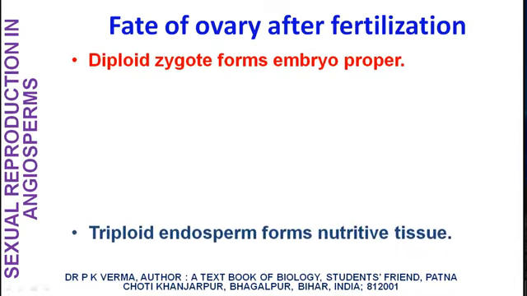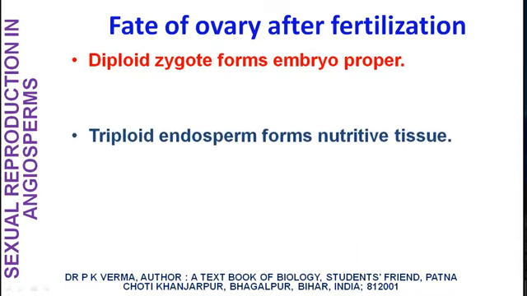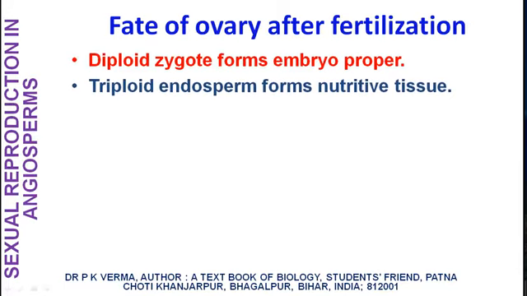After fertilization, the zygote forms the embryo proper with an embryonic axis and one or two cotyledons, on the basis of which the seeds are called monocotyledonous and dicotyledonous. The triploid endosperm forms nutritive tissue.